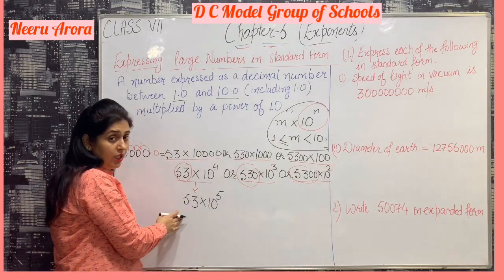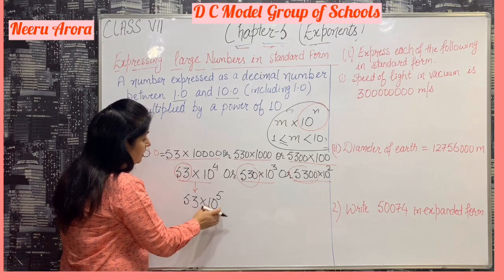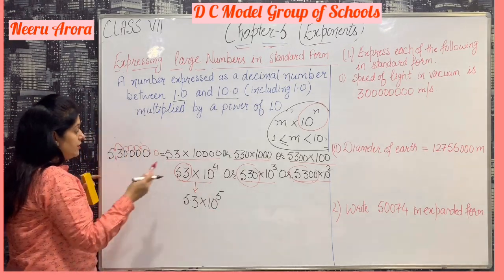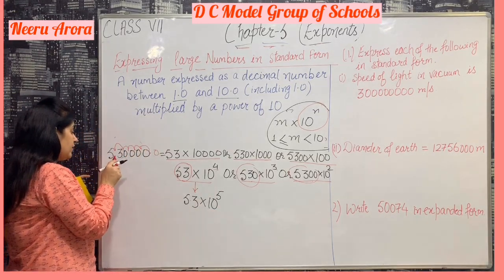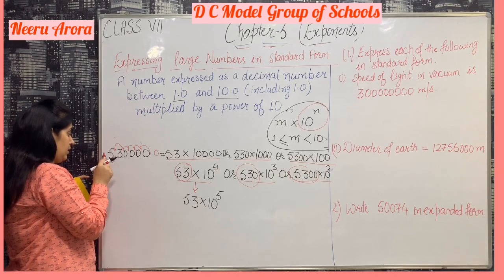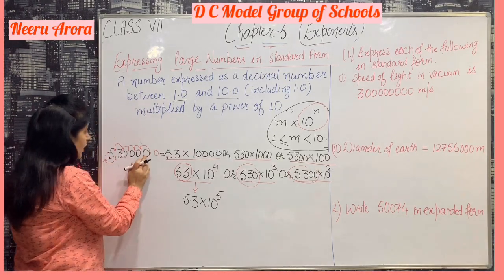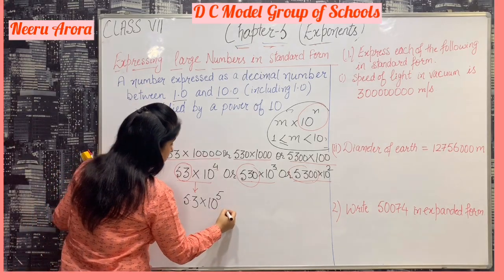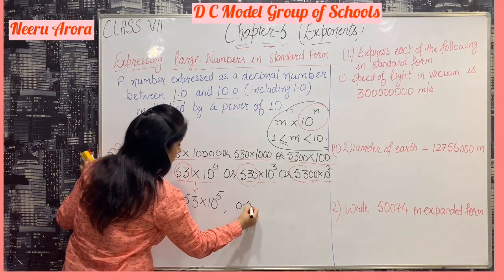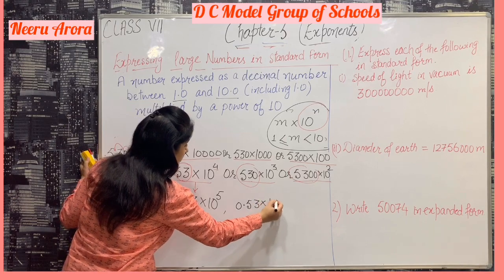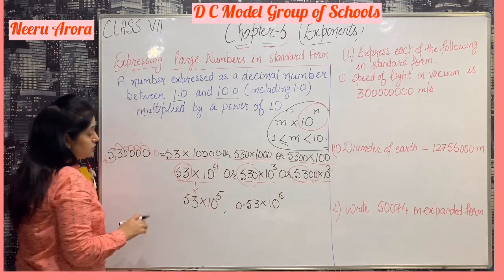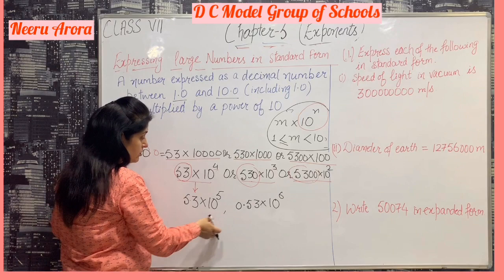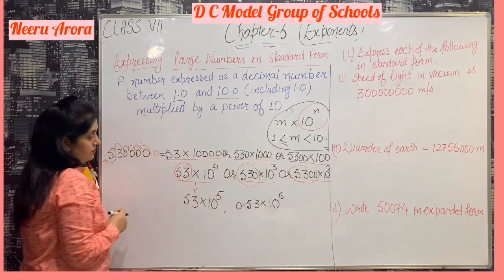So 5.3 into 10 raised to power 5. Suppose we reduce this decimal further to here. Now we jump 1, 2, 3, 4, 5, 6. If I write this number in this way, 0.53 into 10 raised to power 6. So we observe as the number reduces further, the power increases.